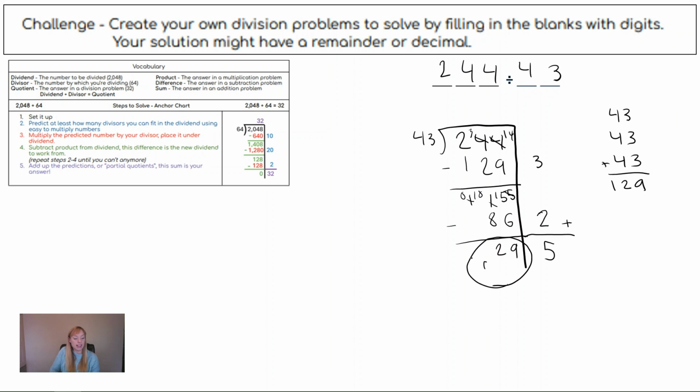When we have a number left here that's less than our divisor, it serves as our remainder. Now we could keep solving into the decimals, but I'm just going to stop at the remainder for today. So our quotient is 5 with a remainder of 29 in that example.